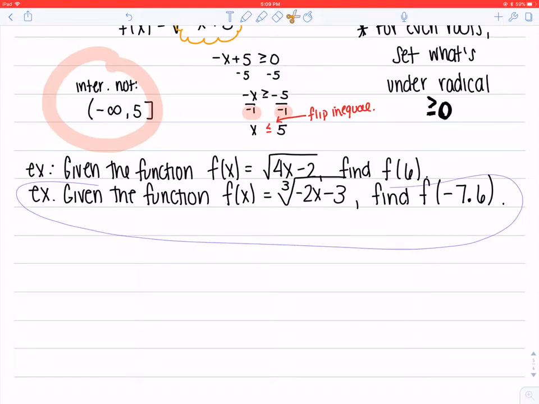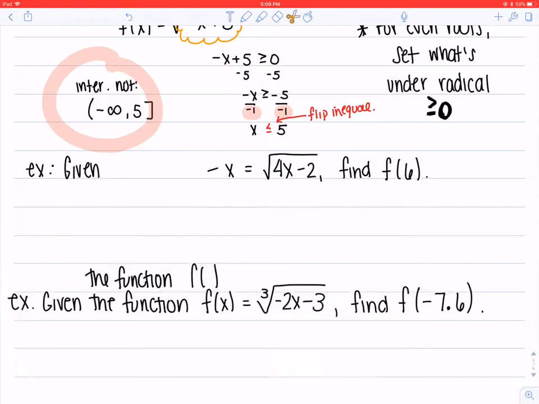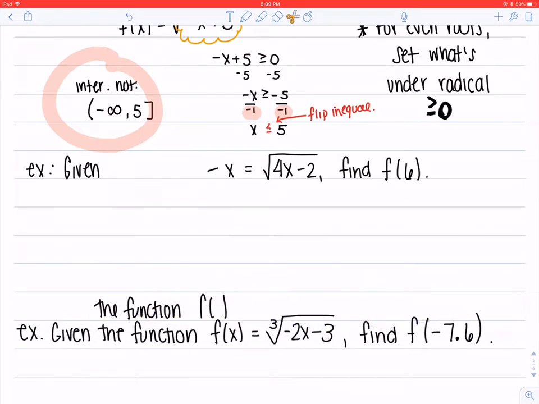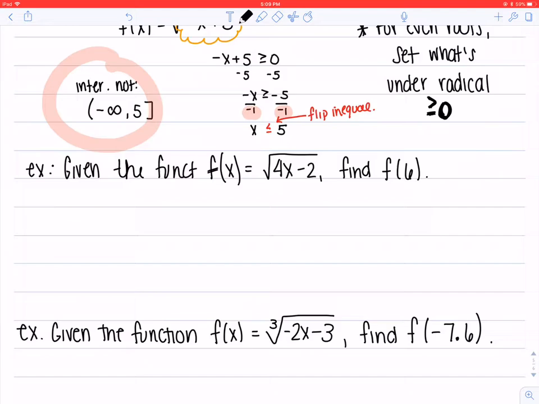Okay, so here's my second one. I'm given the function f of x that equals the square root of 4x minus 2. Find f of 6. So this is function notation.